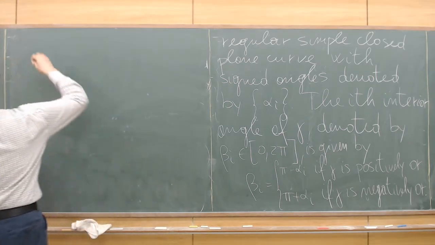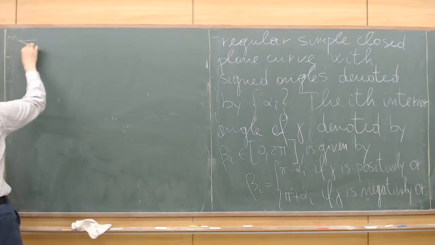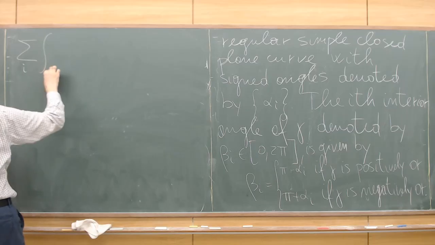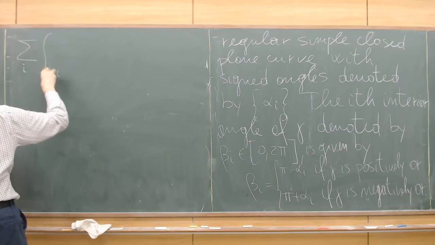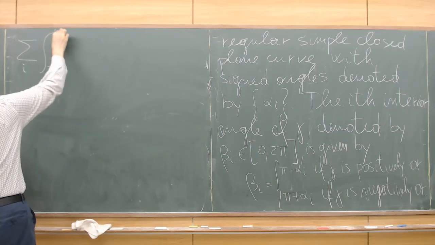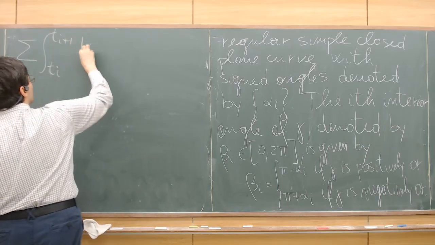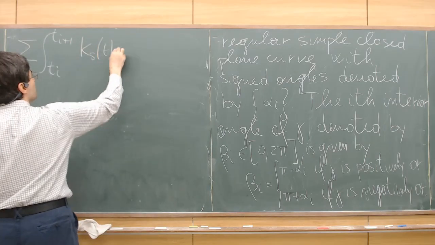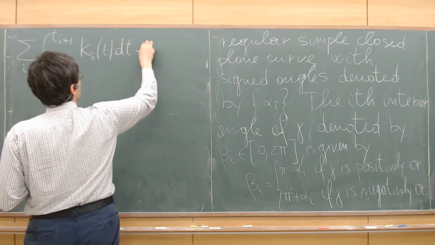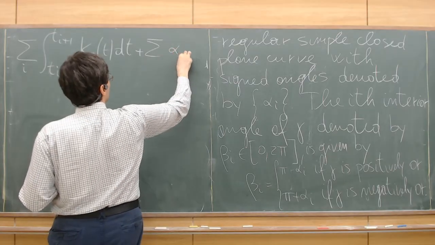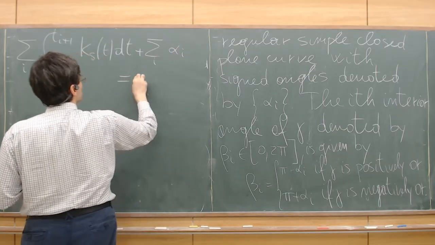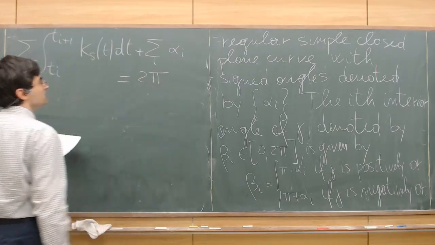So the original form of the theorem is the sum on I of the integral from Ti to Ti plus 1 of Ks T dT plus sum of alpha I on I. This must be equal to 2 pi.